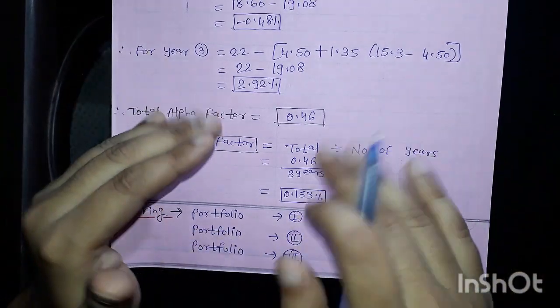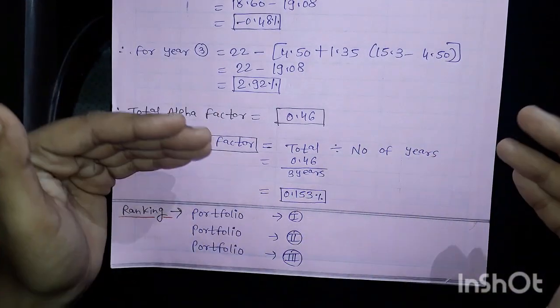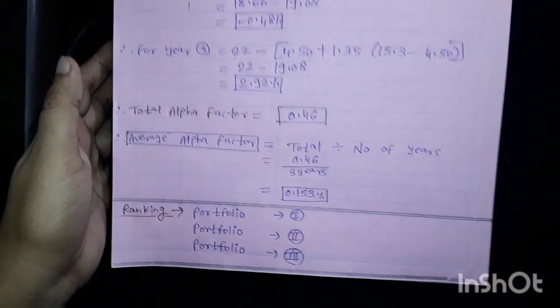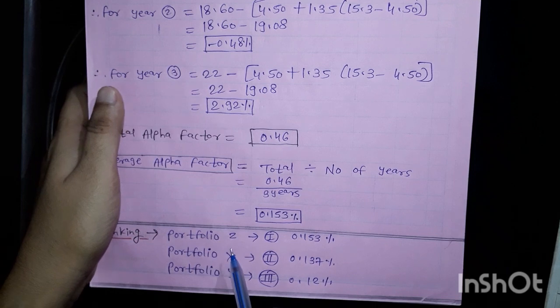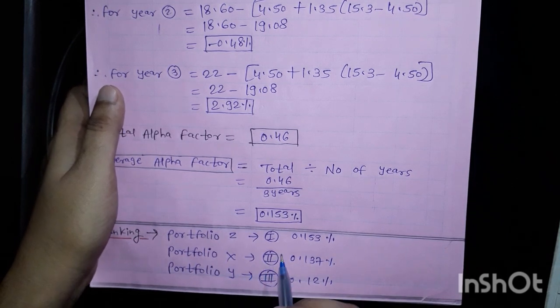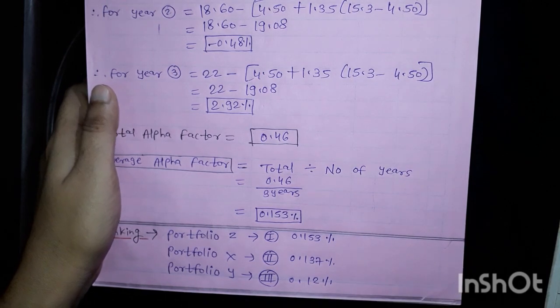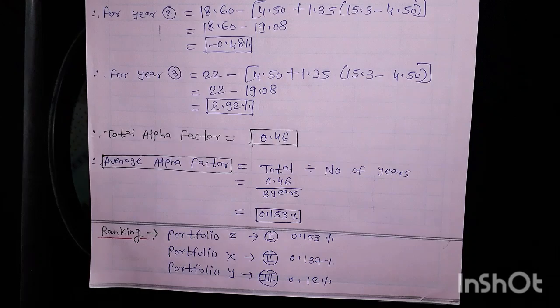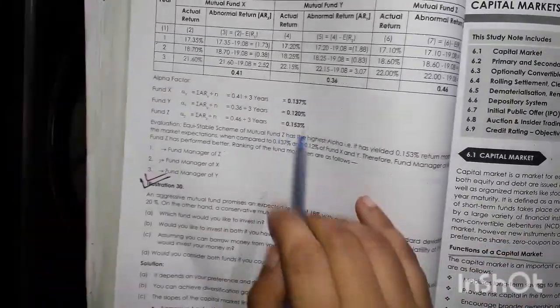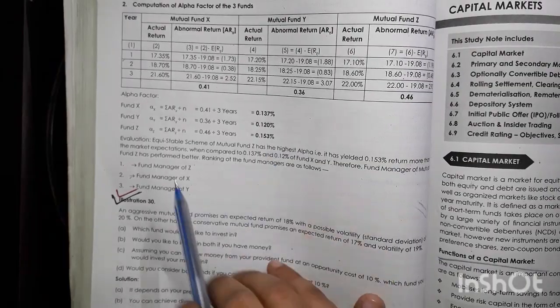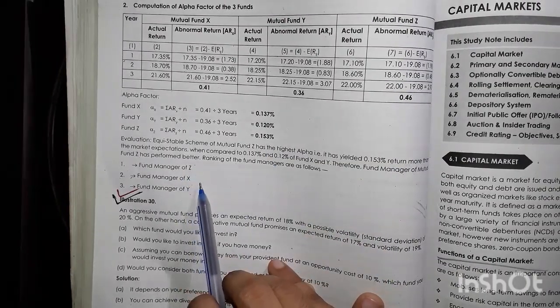Okay, so the portfolio with the higher average alpha factor will come first. Accordingly we will do the ranking. See, here portfolio Z is giving the more average alpha factor, that is 0.153%, then X and then Y. So accordingly we have done the ranking. So this is our final ranking. We'll check the answers. See, these are the average alpha factors which we had calculated, and here the ranking is given: Z, X and Y.